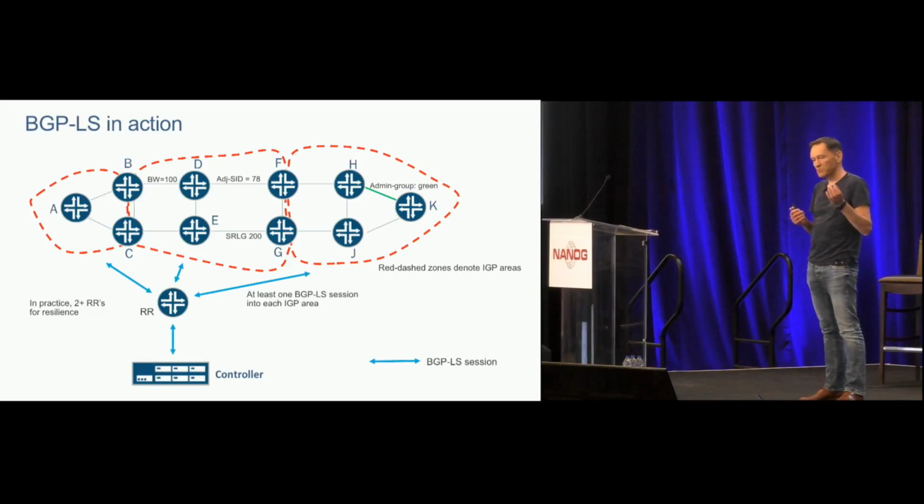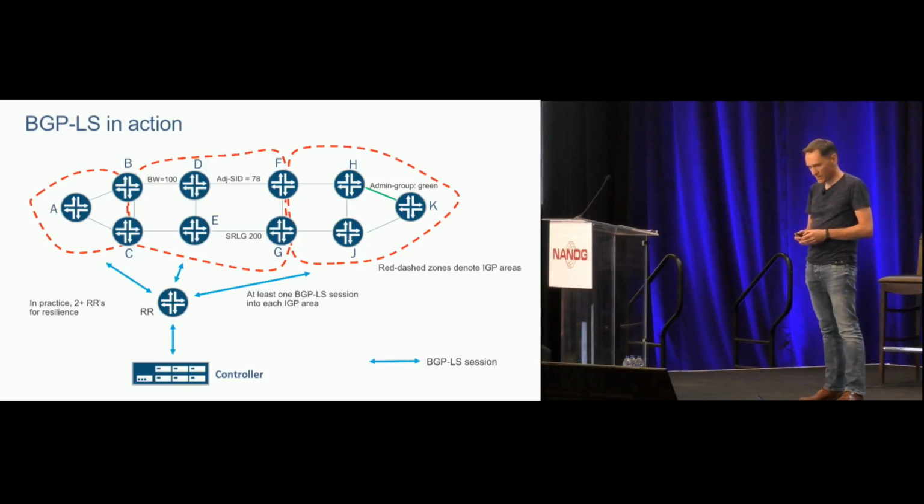And so then by having a BGP-LS speaker in each of these regions, perhaps peering with a couple of route reflectors and those peering with the controller, in that way the controller can ingest all of the topology information network-wide. It can actually combine it into a unified end-to-end view in its own mind, and so can successfully create end-to-end LSPs across this multi-domain topology, which is notoriously difficult, as you know, in the distributed traffic engineering case.